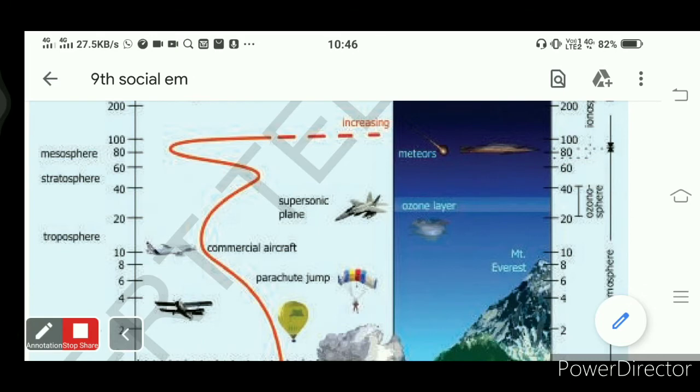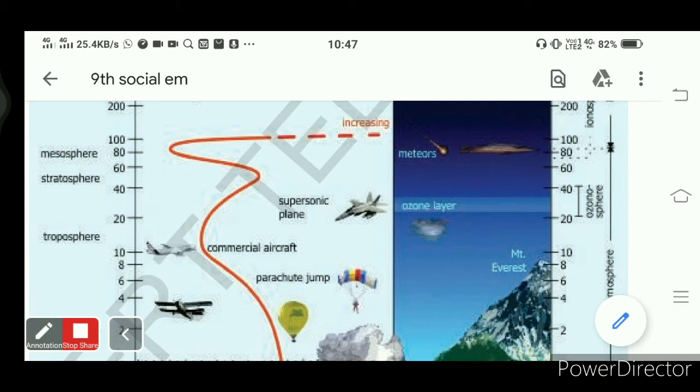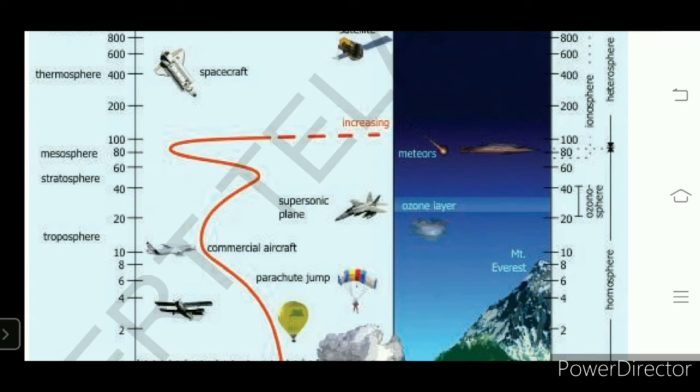One important feature of the stratosphere is that the ozone layer is also found here. Dear students, I'll show you that this is the ozone layer. Where do we see it? In the stratosphere, right? The ozone layer is very important for us. It prevents the ultraviolet rays, it does not allow the ultraviolet rays.